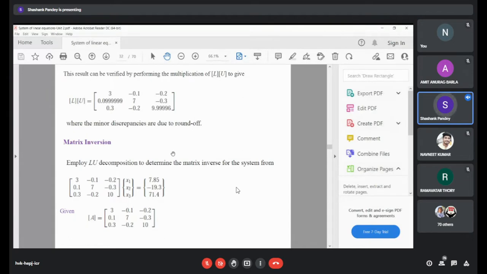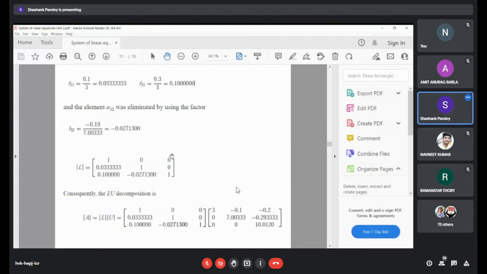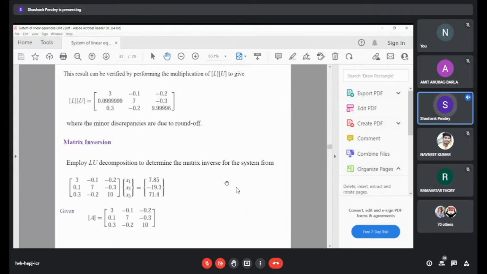You can see here this is the lower triangular part, which contains the factors, and this is the upper triangular part which contains the upper triangular matrix. So this is called LU decomposition. So let us proceed towards the application part of this LU decomposition.